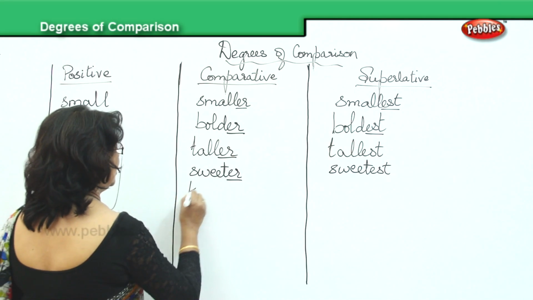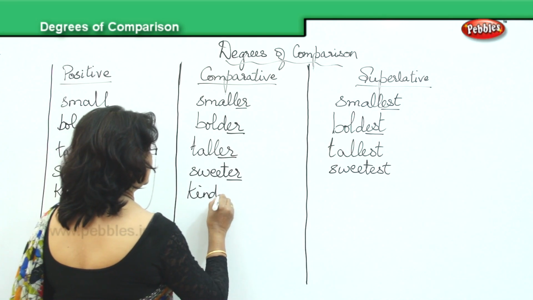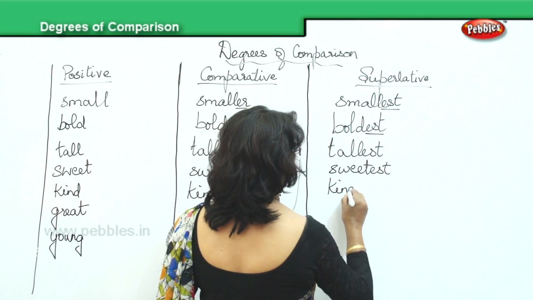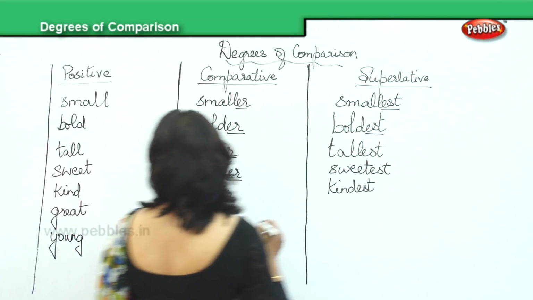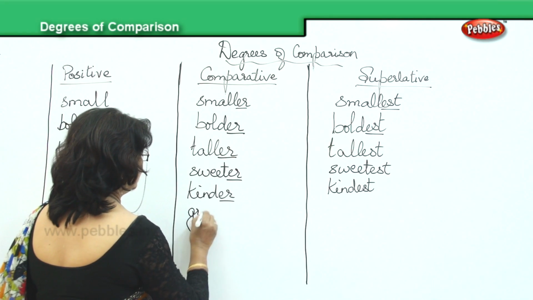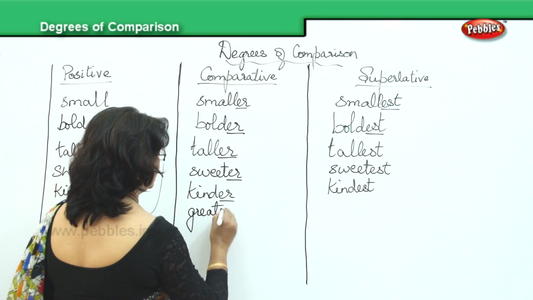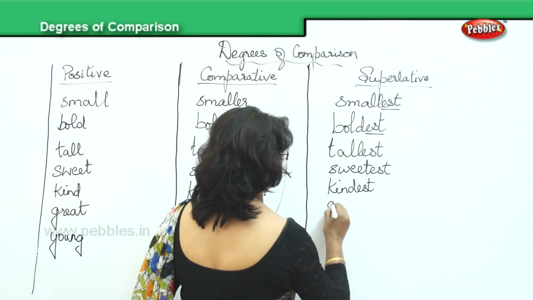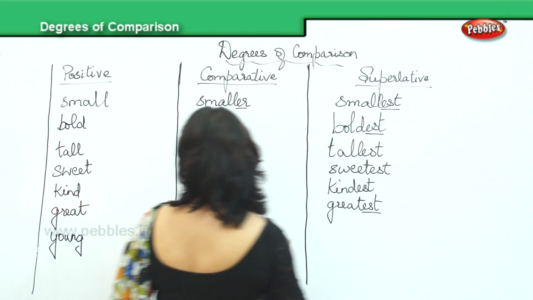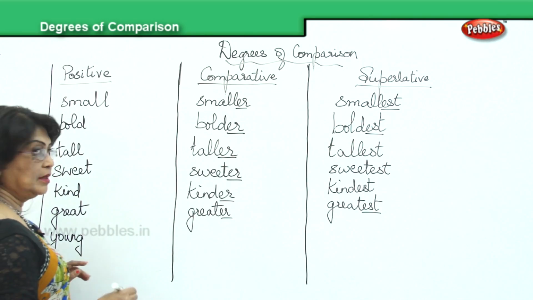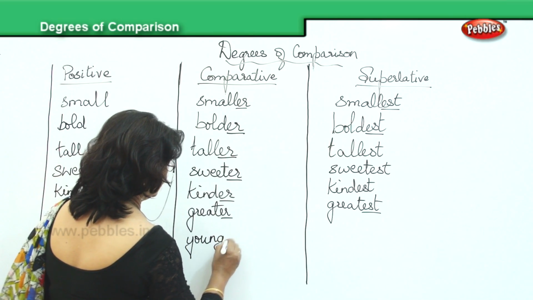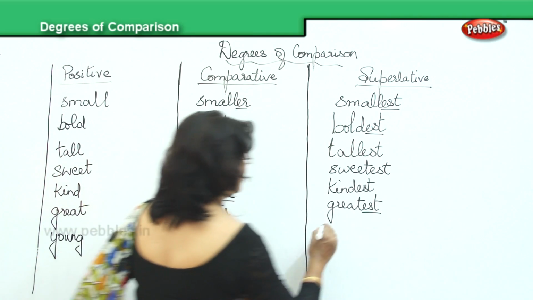Kind, kinder, kindest. Great, greater, greatest. Young, younger, youngest.